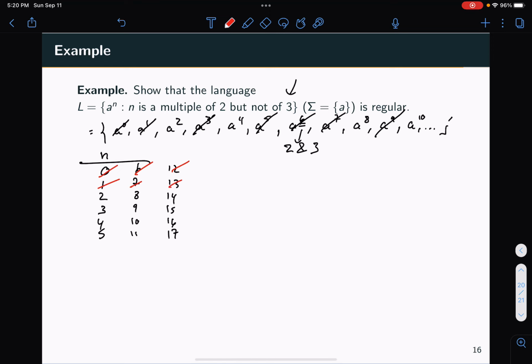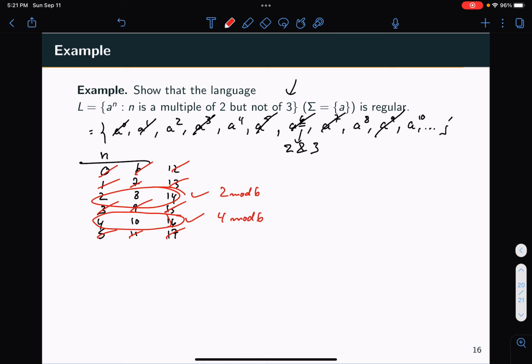This is not going to be accepted because it's neither a multiple of 2 or 3. This is always going to be accepted. This is going to be rejected because it's a multiple of 3. This is going to be accepted because it's a multiple of 2 and not 3. And this is going to be rejected because it's not a multiple of 2. And so really it looks like what I'm looking for is 2 mod 6 and 4 mod 6.